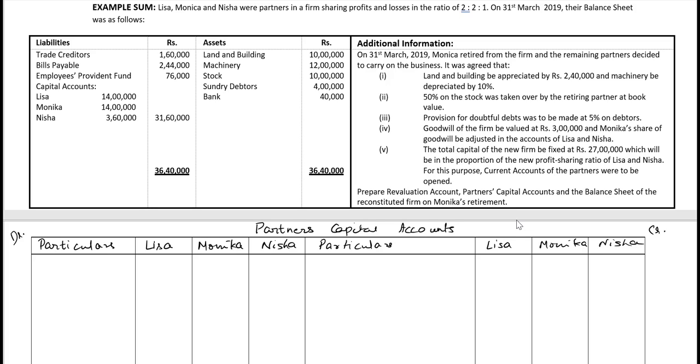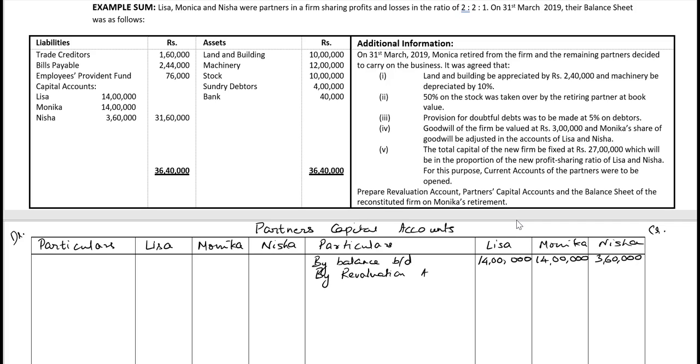We'll begin by bringing down the balance of the capital accounts. By balance brought down, 14 lakh in the case of Lisa, 14 lakh in the case of Monica, and 3,60,000 rupees in the case of Nisha. We'll transfer the gain on revaluation by revaluation account.